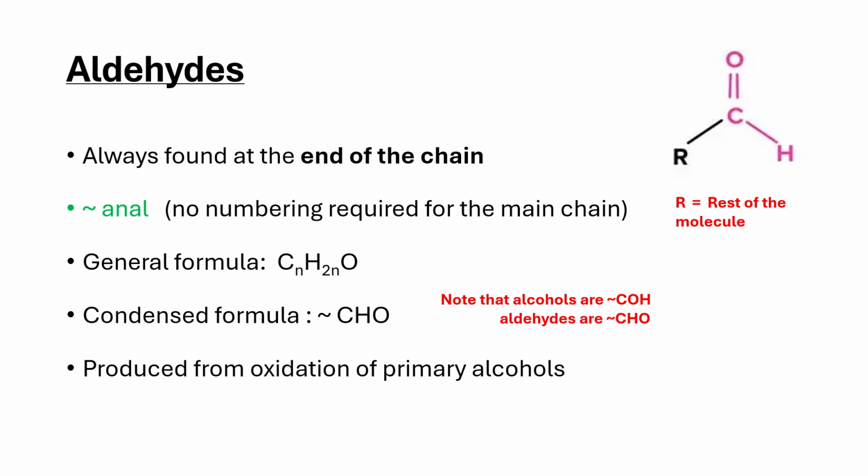General formula: it has double the amount of hydrogen compared to carbon, with one oxygen. In condensed formula, it ends with CHO, and aldehydes are usually produced from the oxidation of primary alcohol, which we're going to look at in a different video.